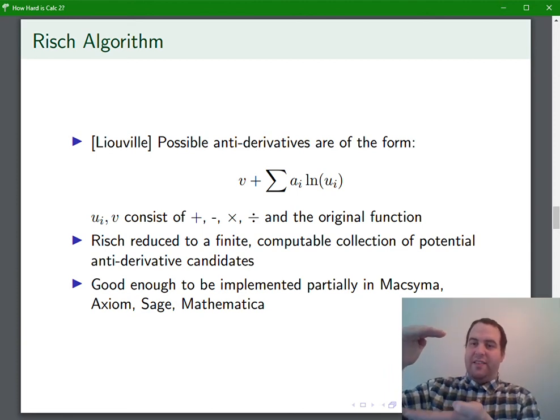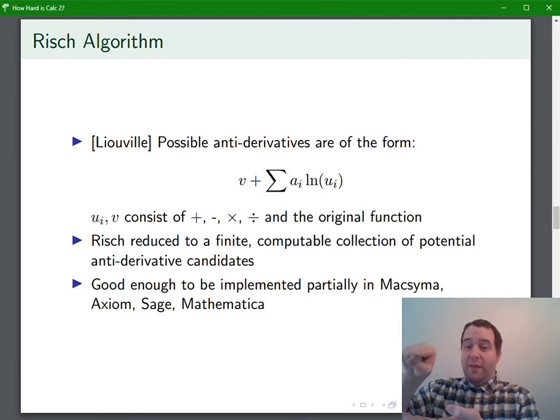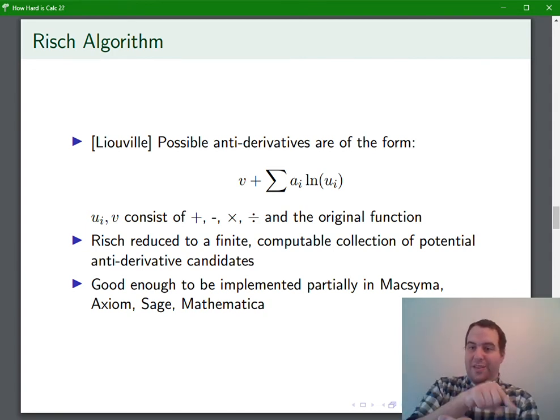A finite, nice list of potential antiderivative candidates, and then we just check the derivatives of each of those candidates against the problem. And we see, are these the same? Are these the same? Are these the same? And so on and so forth. Eventually, if there is an antiderivative, we'll find it because it has to be on the list.